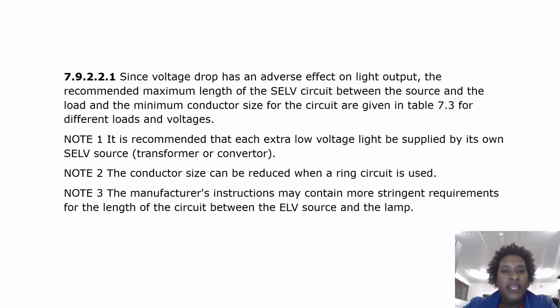Note 1: It is recommended that each extra low voltage light be supplied by its own SELV source, transformer or converter. Note 2: The conductor size can be reduced when a ring circuit is used. Note 3: The manufacturer's instructions may contain more stringent requirements for the length of the circuit between the SELV source and the lamp.